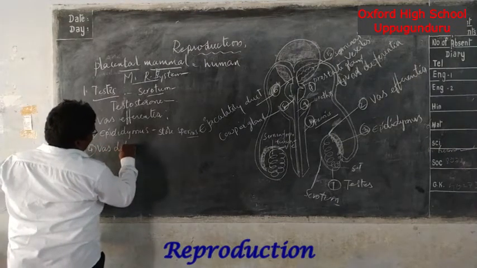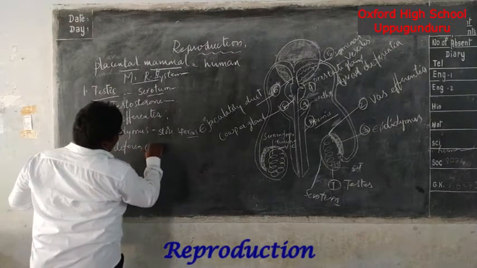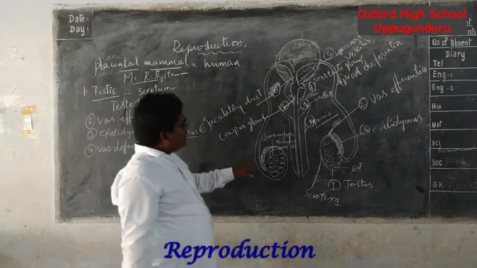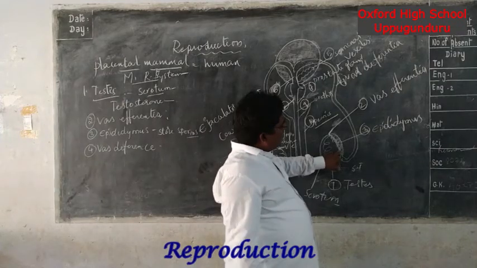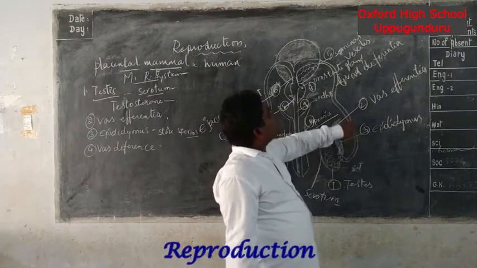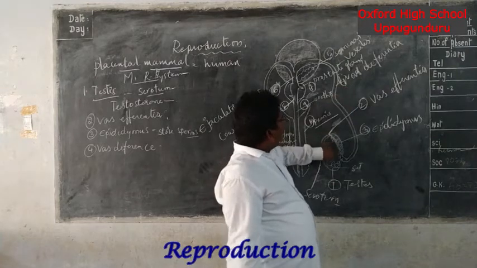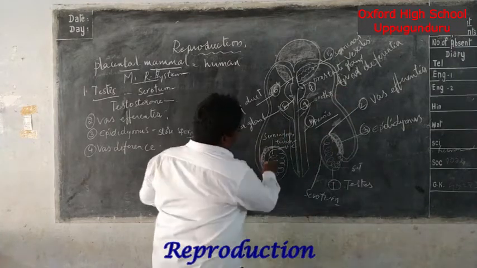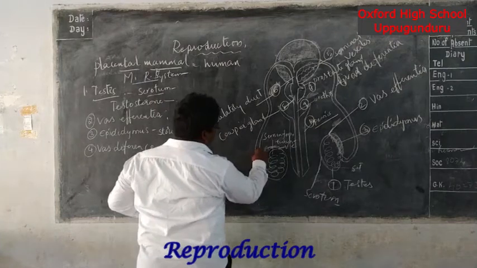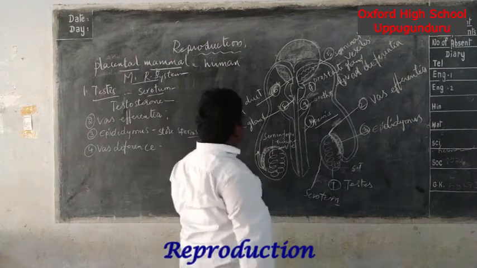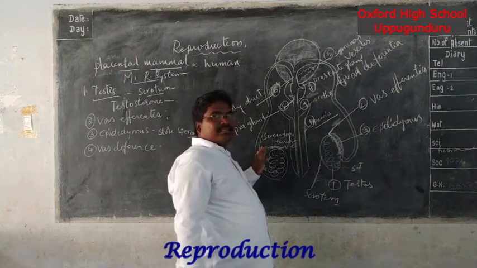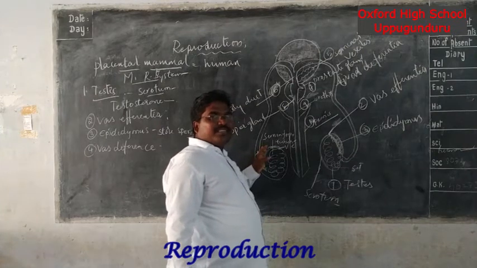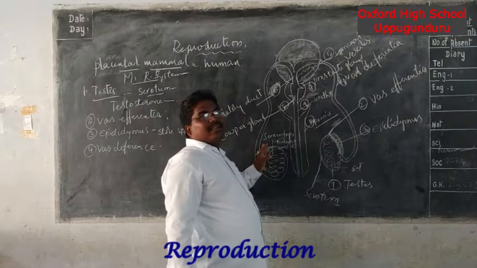Vas deferens. From the epididymis, look at here, from the epididymis arises the vas deferens. A pair of vas deferens arise.